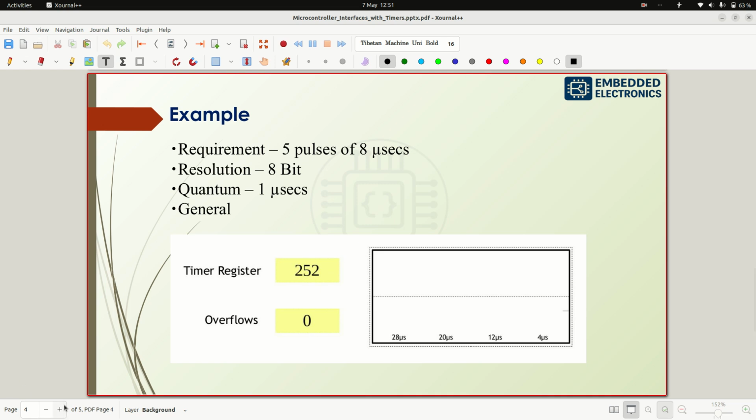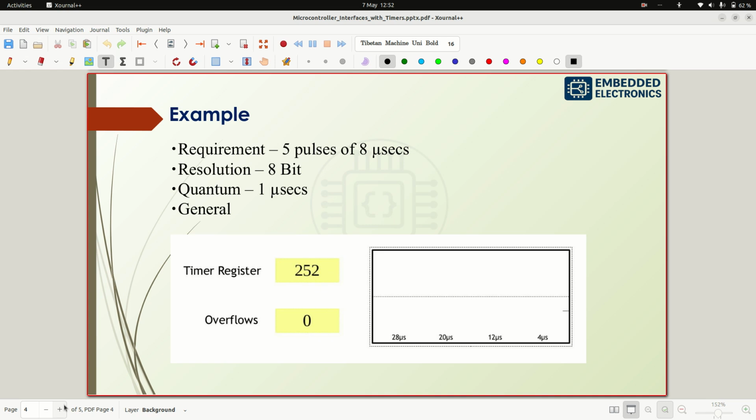So how to do this? We need to write TMR equals to 252, right? So after that it starts counting 252, 253, 254, 255. So when it reaches 255, rollover happens from 255 to 0. Control will go to the ISR.